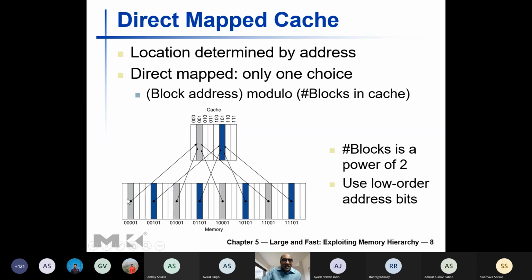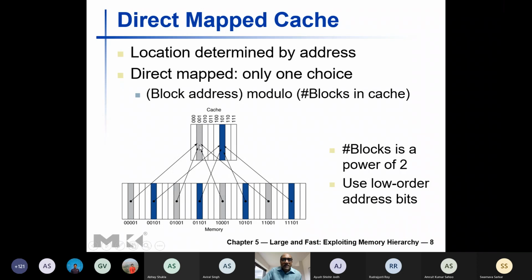It means that multiple words of the main memory will be pointed to a single location. Here 32 words have to be placed into 8 words. So therefore, 4 of the words are targeted to one location.